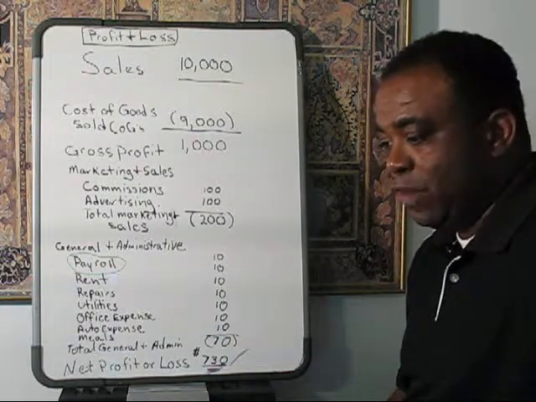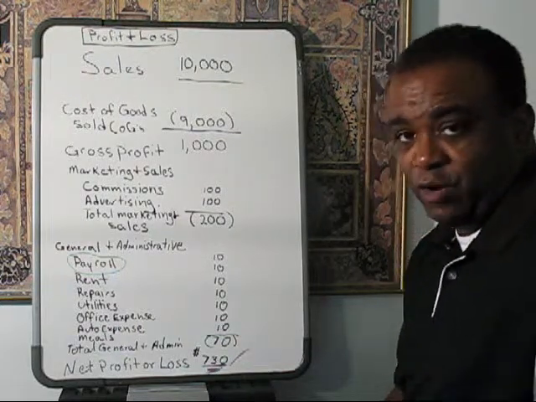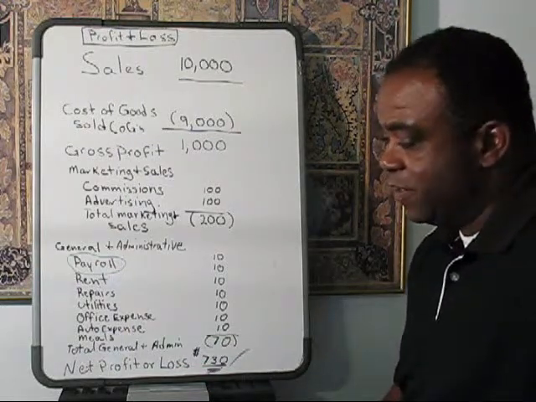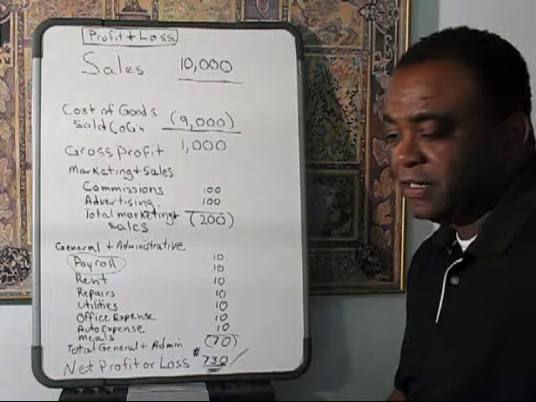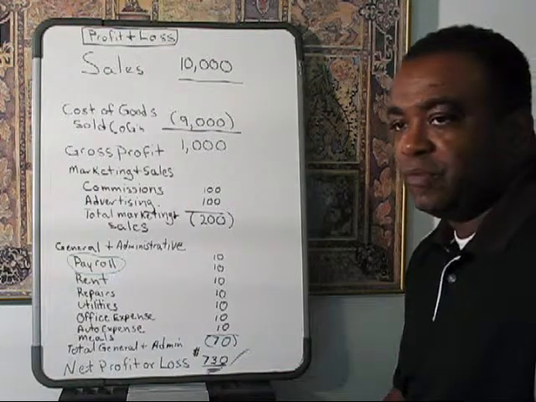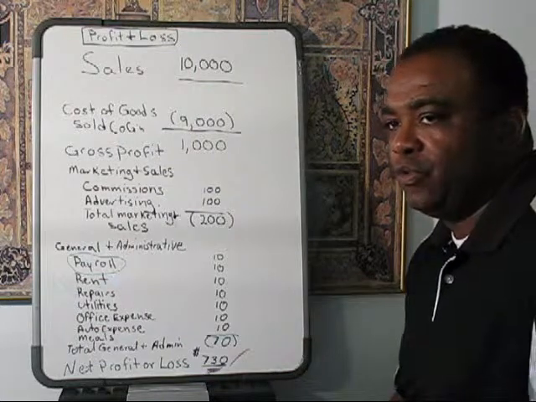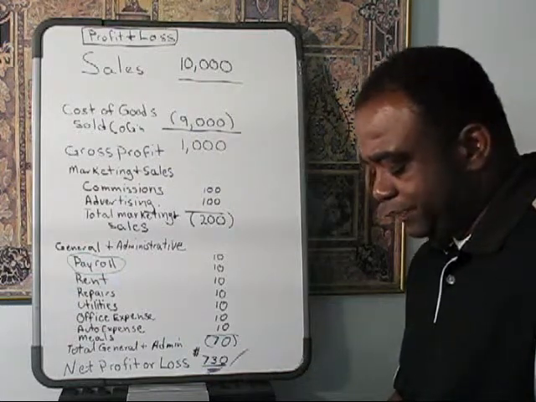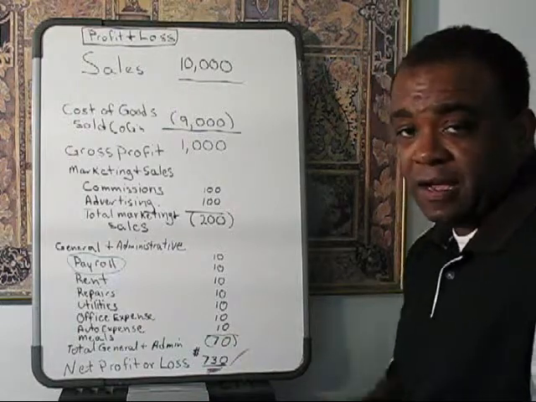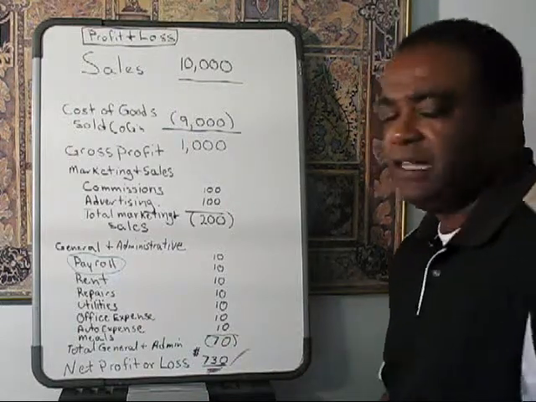You would have to do a shareholder distribution in order to take money in and out of the business, okay? And in other businesses like S corporations or partnerships, you can take shareholder distributions, but you are also authorized to make yourself an employee of the business. But we'll go into that in a later series.